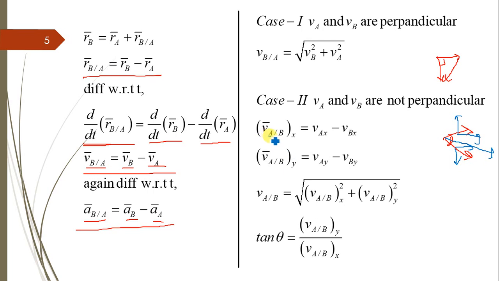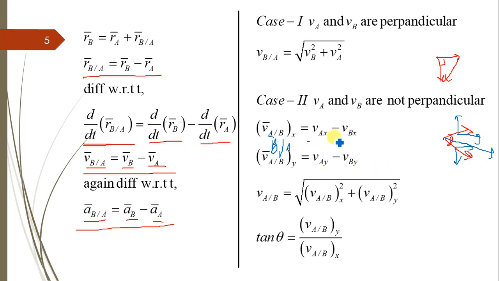Always remember, whenever we are taking A to B, the difference will be Vax minus Vbx. If we are taking the reverse, that is B to A, then the difference will be Vbx minus Vax and Vby minus Vay.